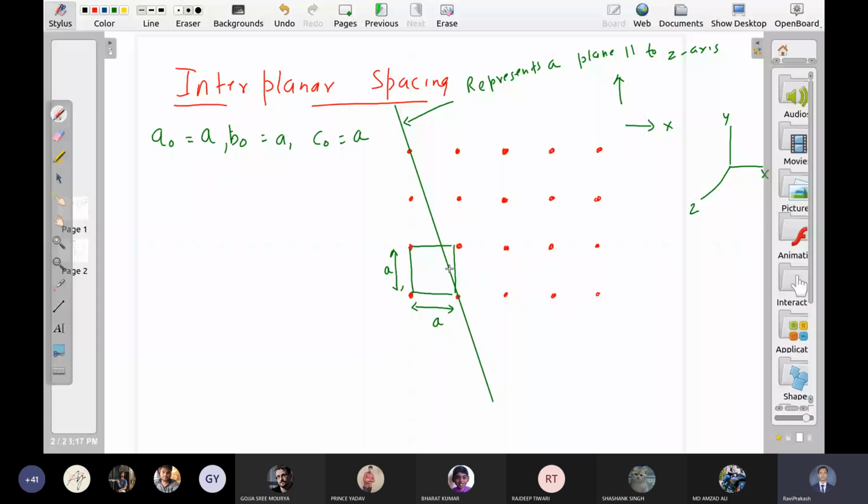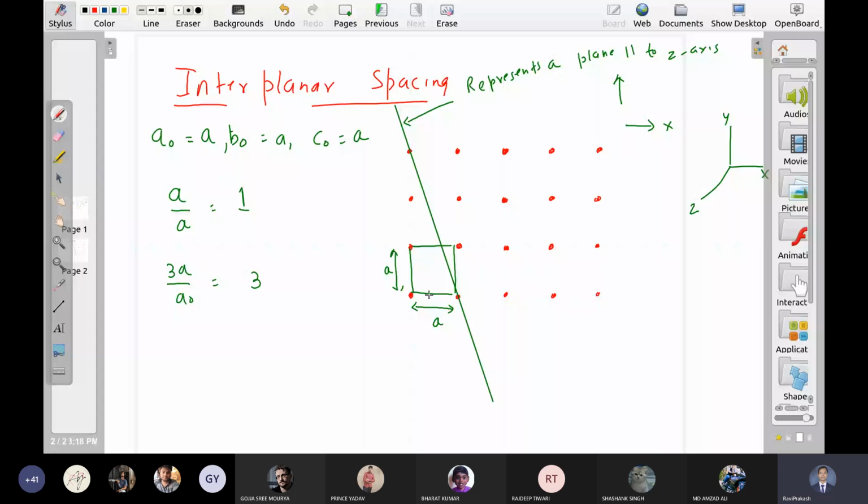So along x-axis we have an intercept of 1 unit. What is the intercept along y-axis? So we can see 1, 2, 3. Total length is 3a, size is a naught, so it is equal to 3. It is 3 units away from this origin. What is the intercept on z-axis? The plane is parallel to z-axis, so it is cutting at infinity on z-axis, right?